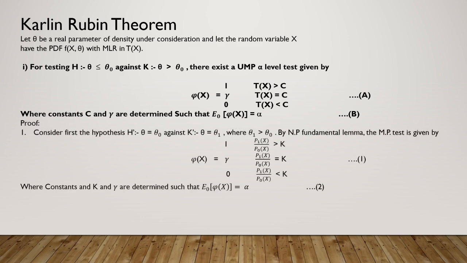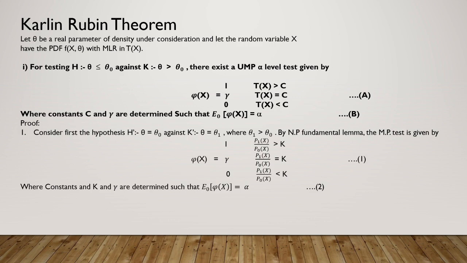Consider the hypothesis H dash: theta equal to theta naught against K dash: theta equal to theta 1, where H dash and K dash are simple hypotheses and theta 1 is greater than theta naught. Theta 1 greater than theta naught is the condition for monotone likelihood ratio.